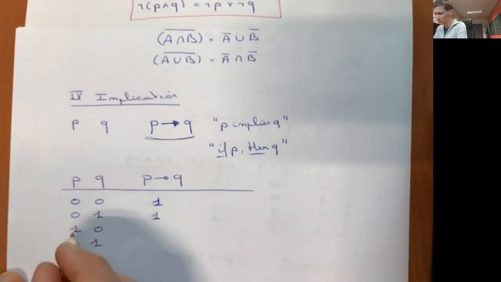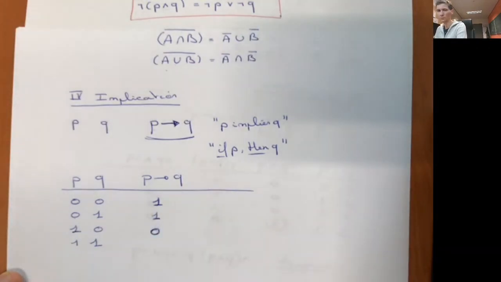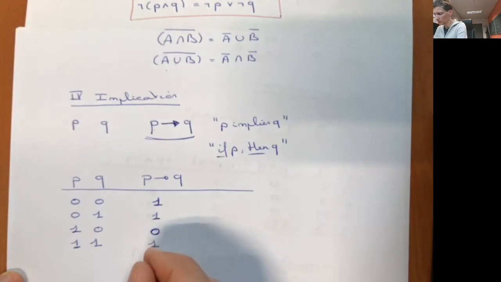The third one, you have to pay close attention. So here P is true, but Q is false, right? So in this case, it's not the case that validity of P also implies validity of Q. So the third line will be false. And in the last line, P is true, but also Q is true. So indeed, the validity of P implies the validity of Q. So here we have 1.